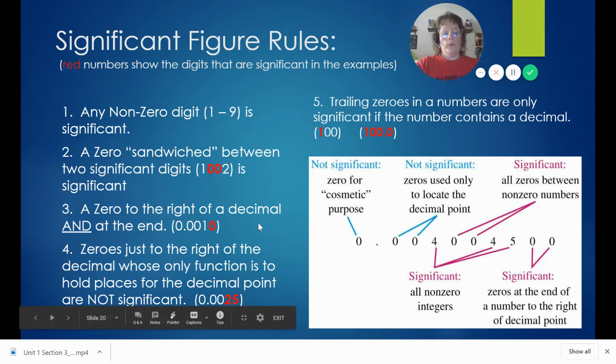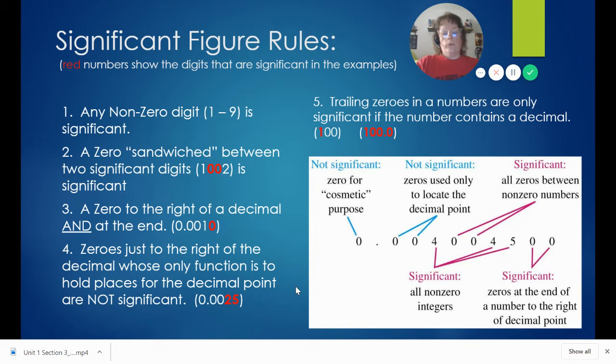If you look at number 4, zeros just to the right of the decimal, whose only function is to really hold these places until you get to some other significant digits right here. Those zeros would not be counted. So in that one, you only have 2 significant digits, the 2 and the 5.